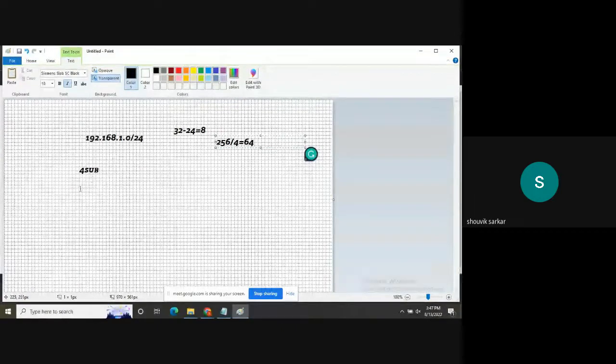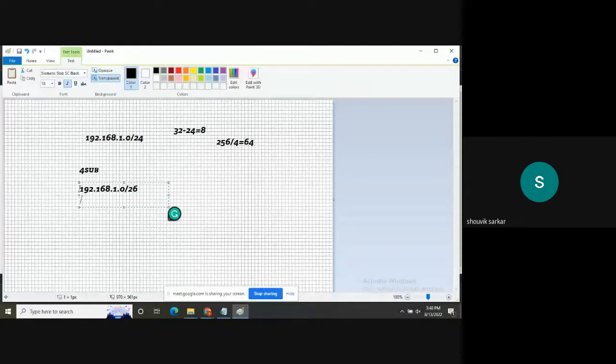The first IP address must be 192.168.1.0. We divide into 2 to the power 2, that means 4 subnets, so 24 plus 2 is 26. The slash notation became 26. This is the first IP address.